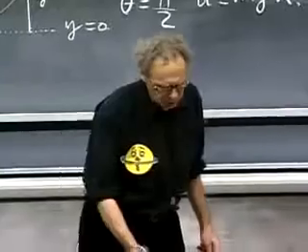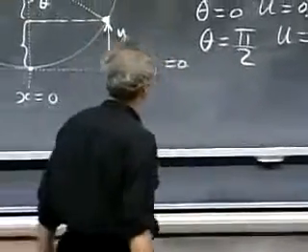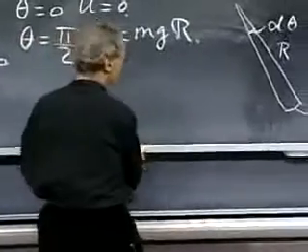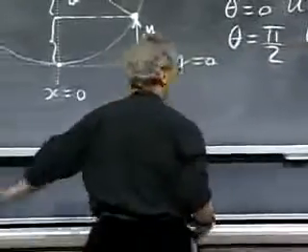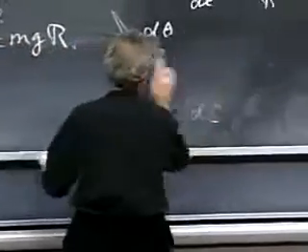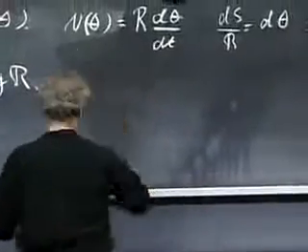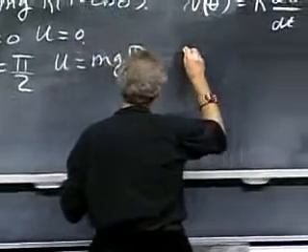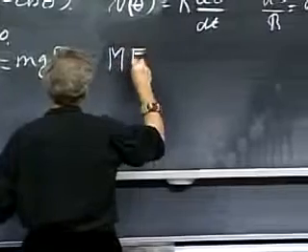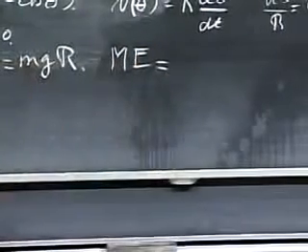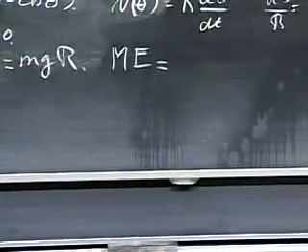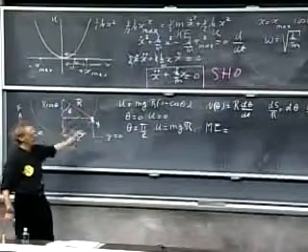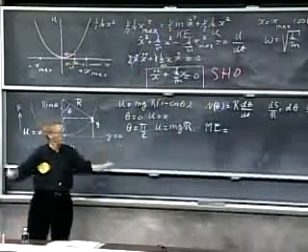So I can now apply the conservation of mechanical energy, because I know what the velocity is at any angle theta, and I know what the potential energy is. So let the total energy be just the mechanical energy, which depends on my initial conditions wherever I start. Maybe I release it here with 0 speed, maybe I give it a little speed. It is a number. It is a constant.